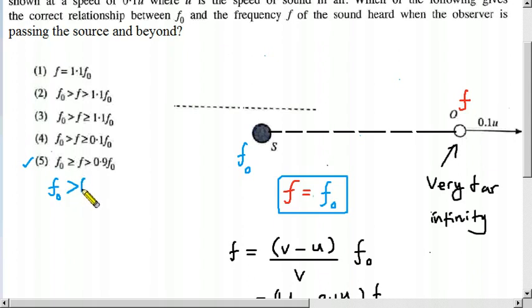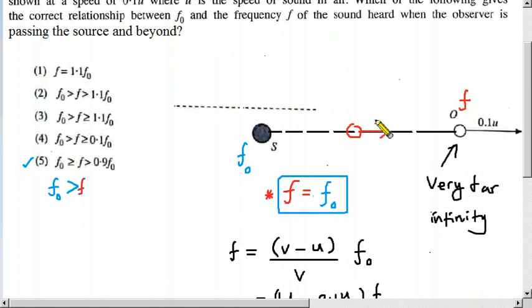Why is the apparent frequency, the frequency that is heard, f, the red one, less than f naught? I didn't say that because we have discussed it already: this one is moving away.